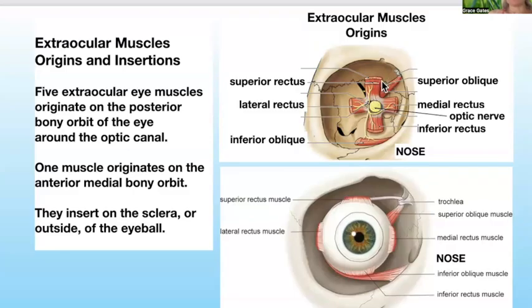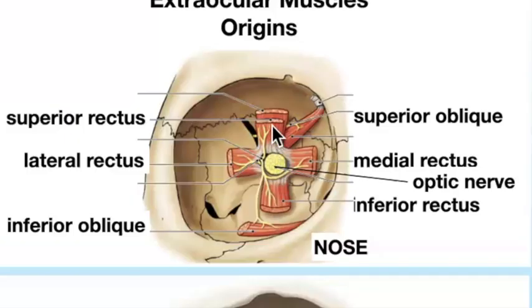So if we look at our picture, we see the superior rectus and the inferior rectus on the superior and inferior edges of the optic canal here, and then the lateral and the medial rectus on the lateral and medial edges of the optic canal here. And then very close to these 4 muscles, there's the origin of the superior oblique.